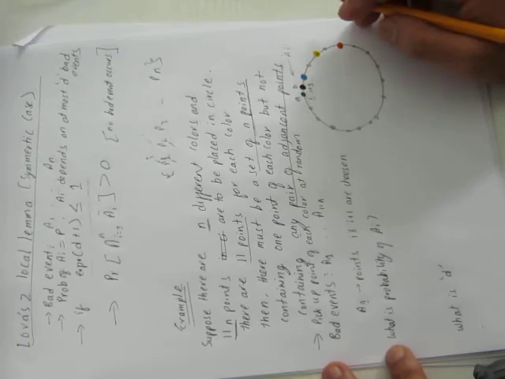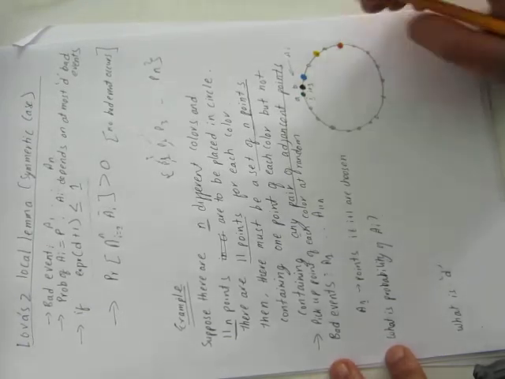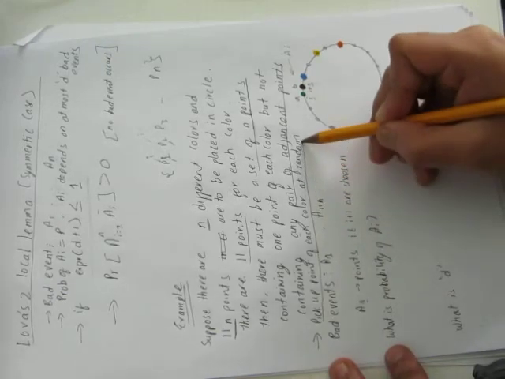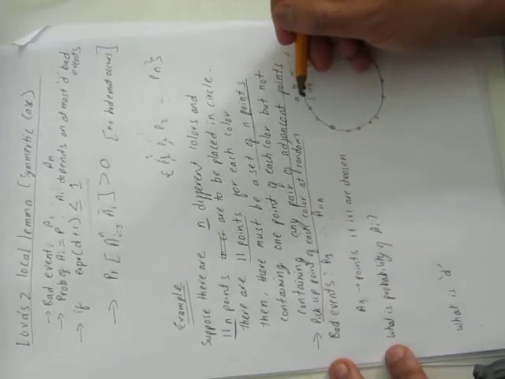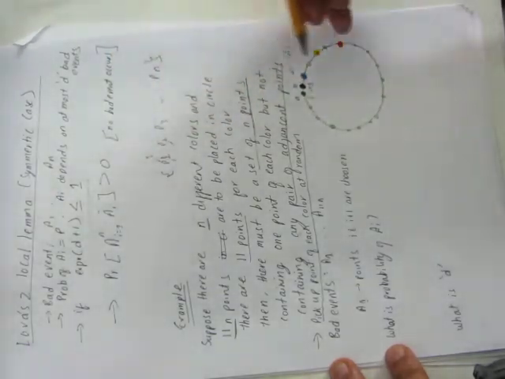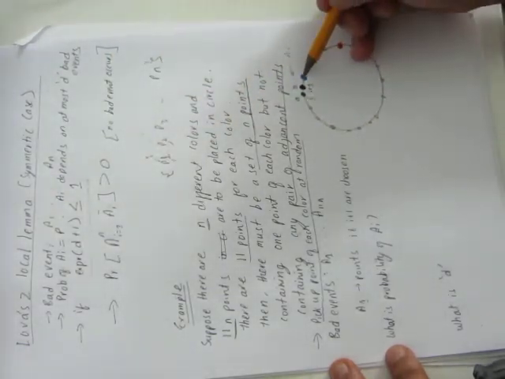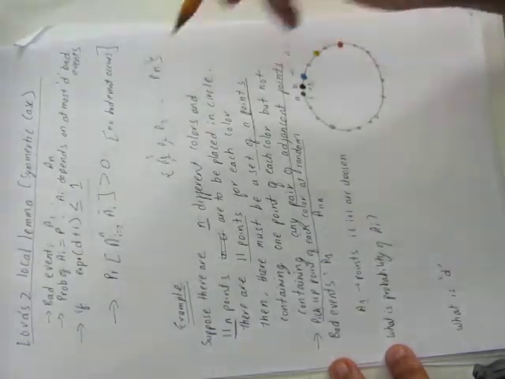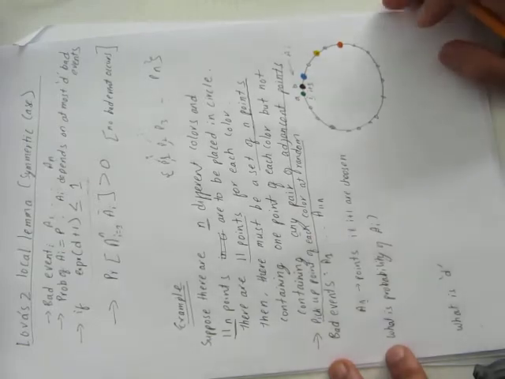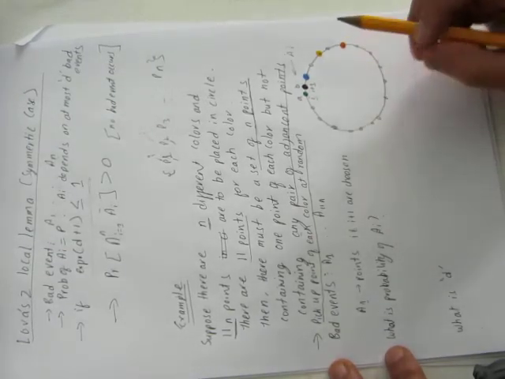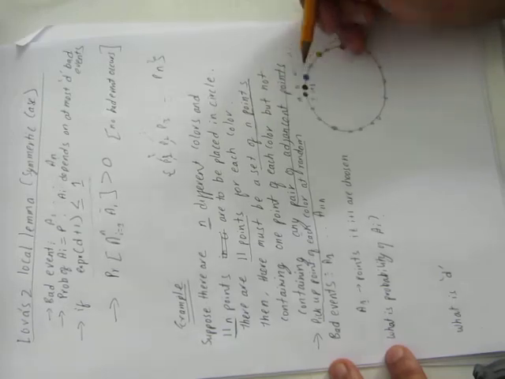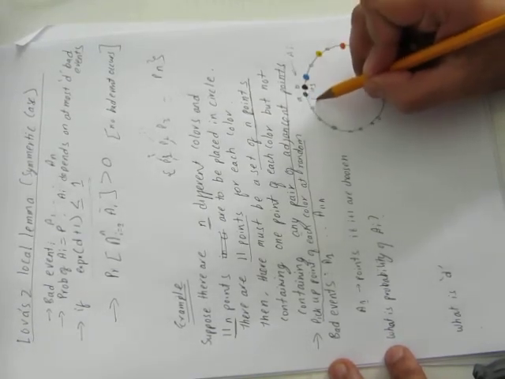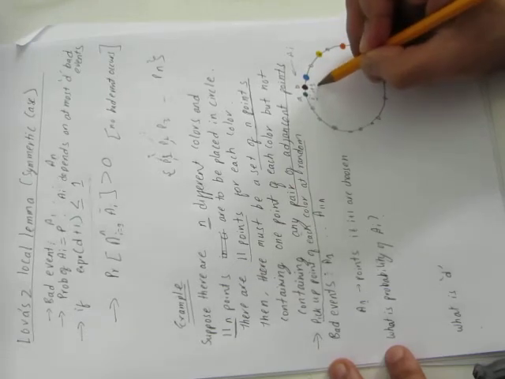So how we prove this is, let's say we first pick a point of each color at random. For example, we choose this point and put it here, we choose this point, put it here, and this point, put it here. So those are good events. What's the bad event? Say this green point is i and this black point is i plus 1.